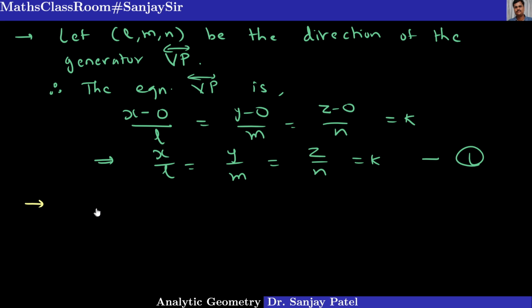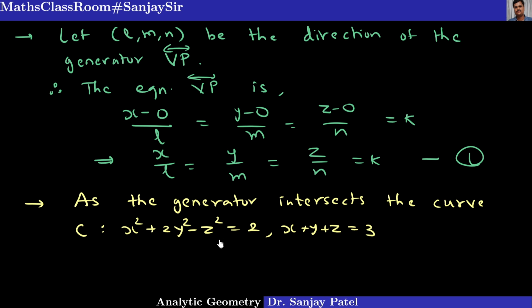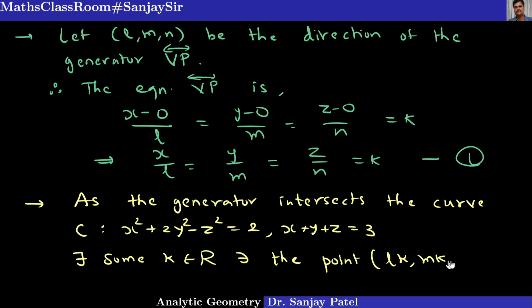Next step, as the generator intersects the curve C, which is given by x square plus 2y square minus z square is equal to 2, comma, x plus y plus z is equal to 3, there exists some k belongs to R such that the point on this generator, which is given by (Lk, Mk, Nk).